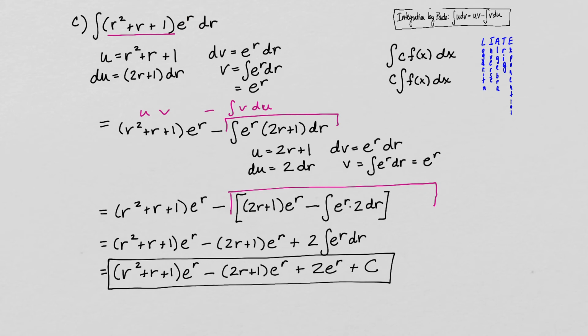I know in Calc 1 and Calc 2, you don't really think about this because the variable inside your integral and the d whatever match. So they just match. I have r's here, I have a dr. I have x's here, I have a dx.